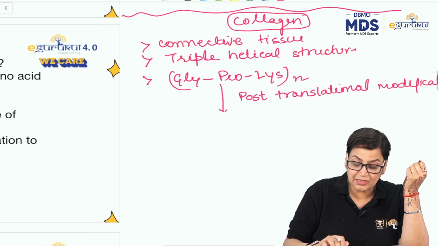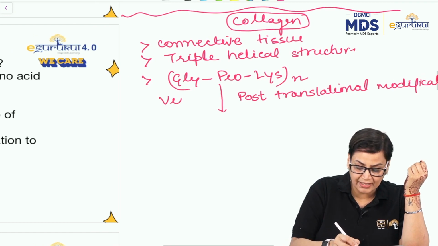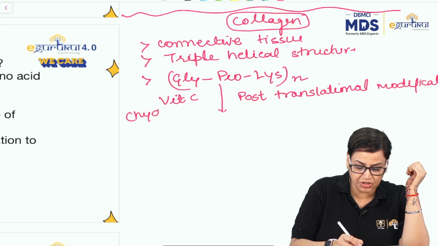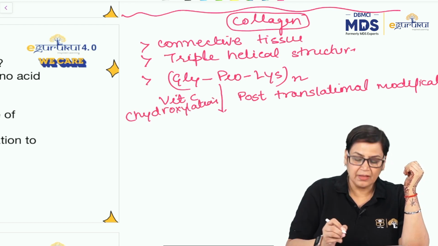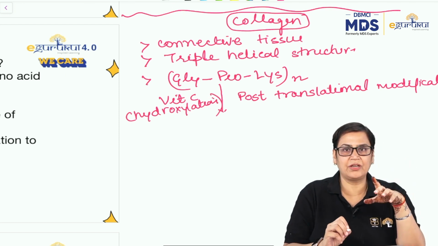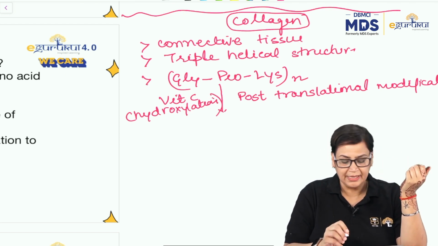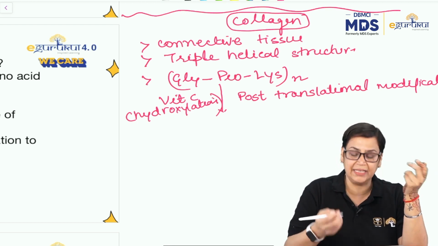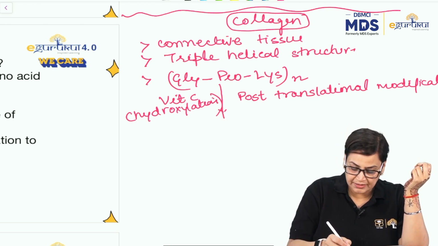And what happens is vitamin C is required and the process is known as hydroxylation. Hydroxylation means attachment of a hydroxyl group. So proline and lysine undergo hydroxylation.